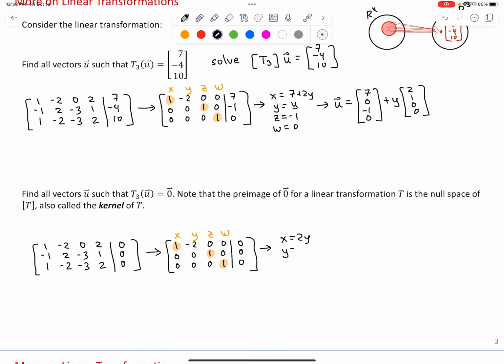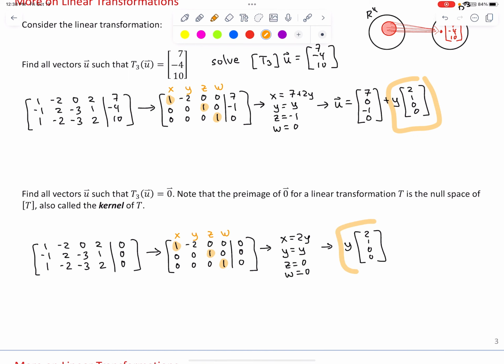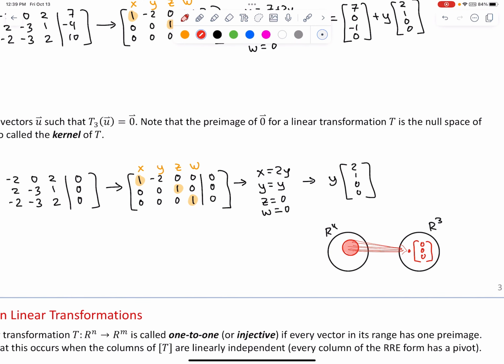Y is free, so we'll let y be itself. Z has to be 0, and w has to be 0. So we really just have all multiples y of the vector 2, 1, 0, 0. It is not a coincidence that this component of our answer above and this component right here match. And once again, we see that there are infinitely many vectors in R4 that will map to the 0 vector in R3.